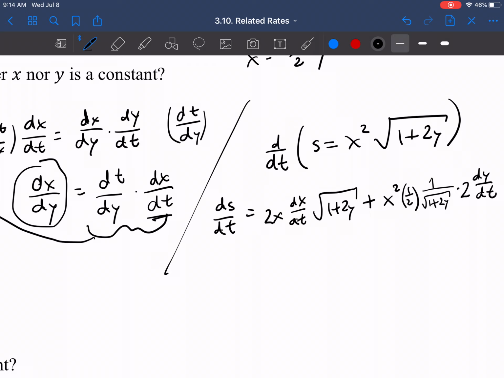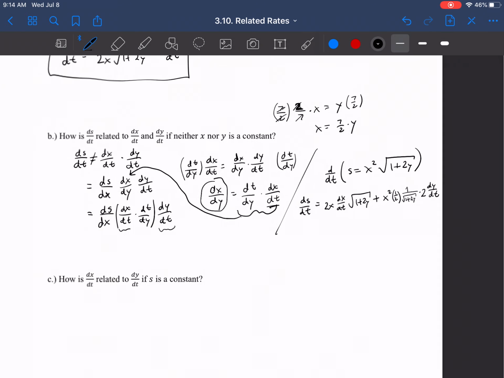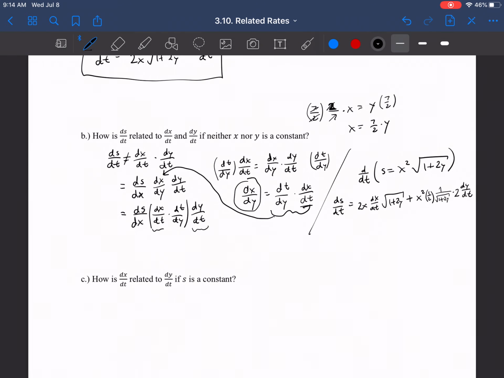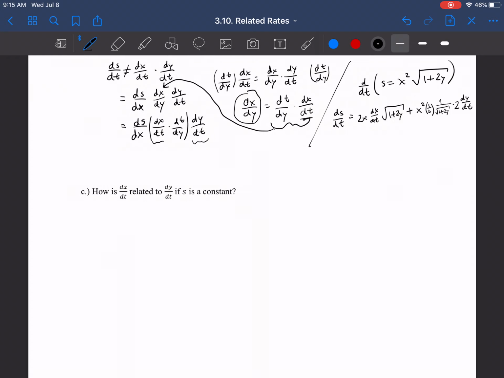Okay, and what I want you to do is try to finish this one yourself and really see how you can do on part C, and that'll finish this question for you.